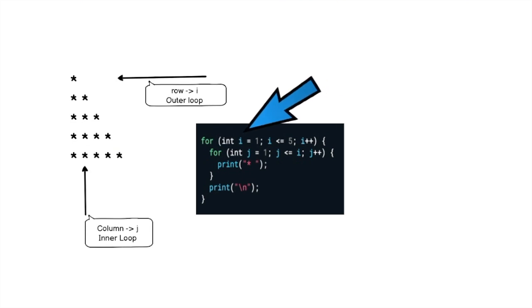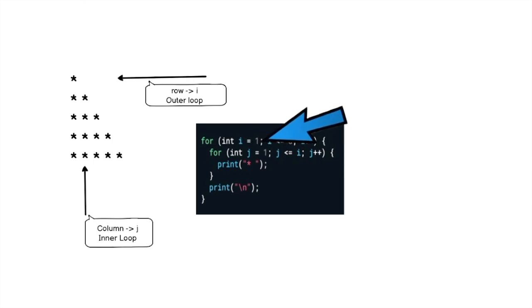If we just manage to memorize and get comfortable with this outer for loop, it will always stay the same no matter what the pattern is. It always starts from 1 and always goes up to and including the size, so I goes from 1 up to 5 including 5.